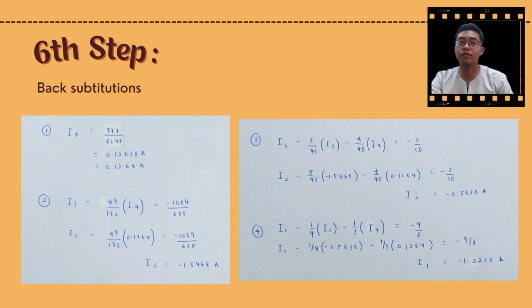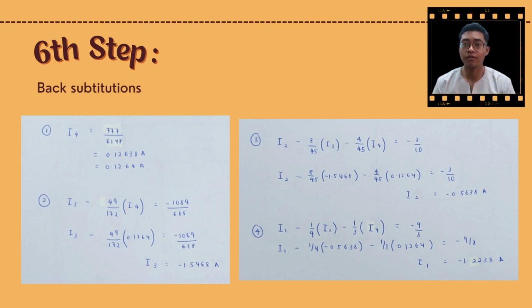So we just substitute, which is I4 equals 777 over 6148, and we get 0.1264. For I3, we subtract 49 over 172 multiplied by I4, and we get I3 equals negative 1.5468.